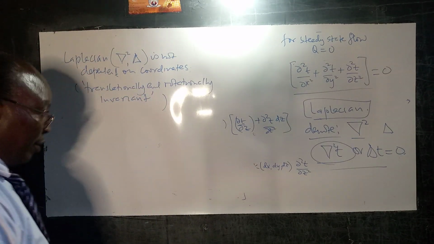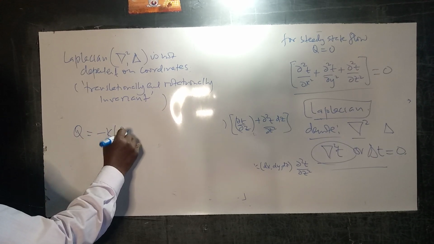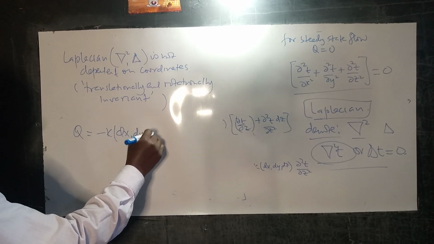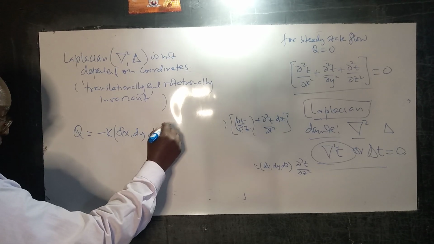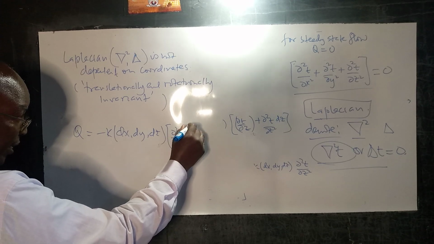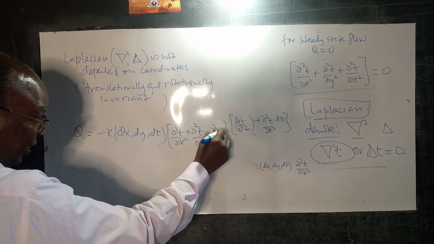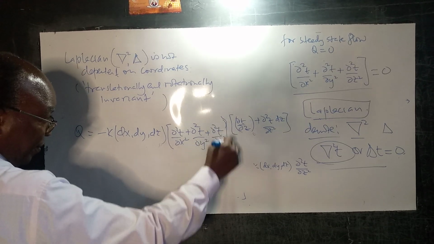Remember, we had said Q was minus K dx, dy, dz, then into the Laplacian, del squared t, del x squared, plus del squared t, del y squared, plus del squared t, del z squared.